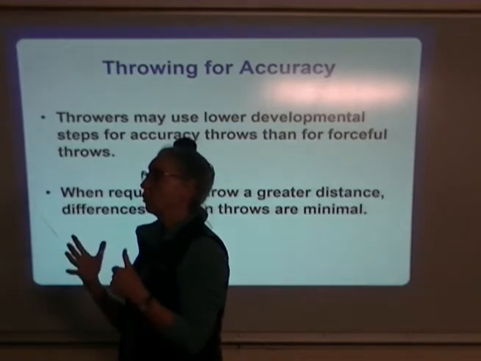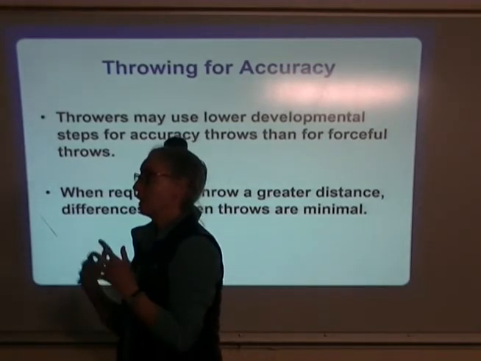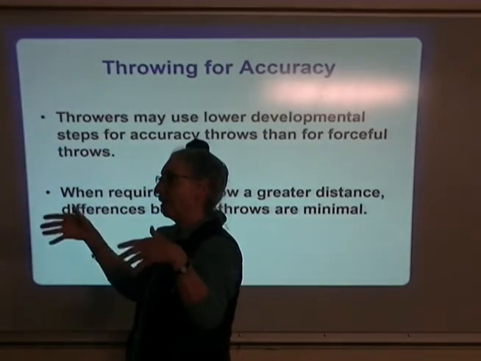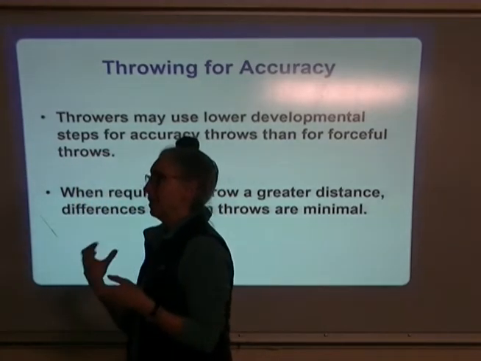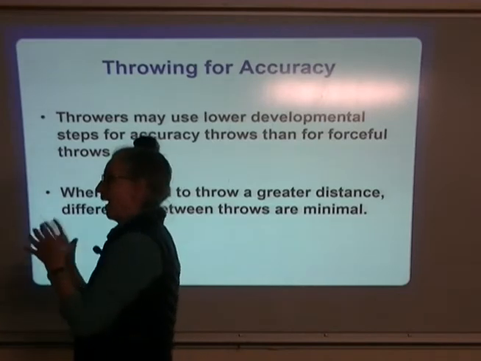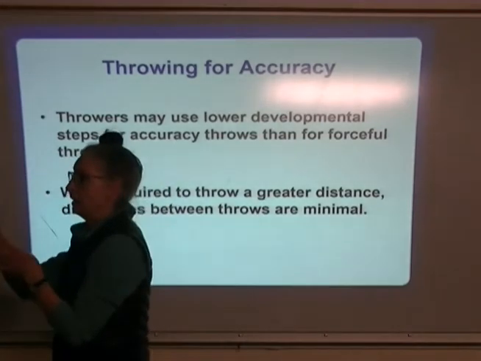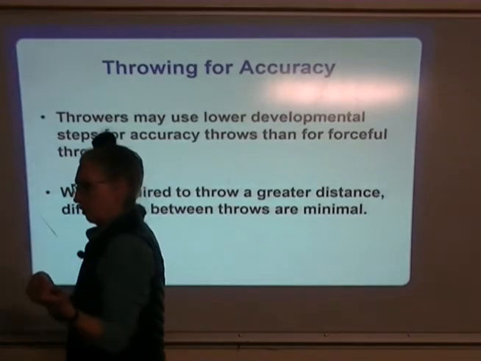And that can prove to be a little bit difficult because I have a throwing target that has numbers on it. And so then they want to hit a higher number than their friend did. Right?